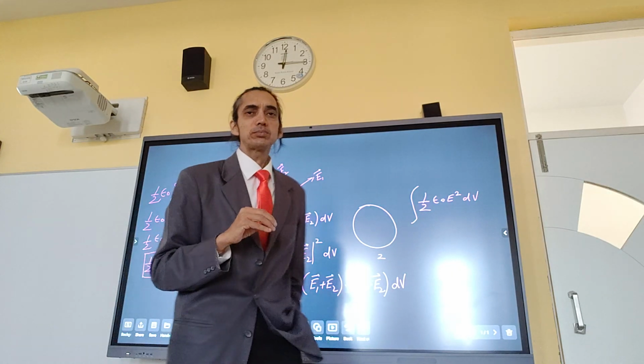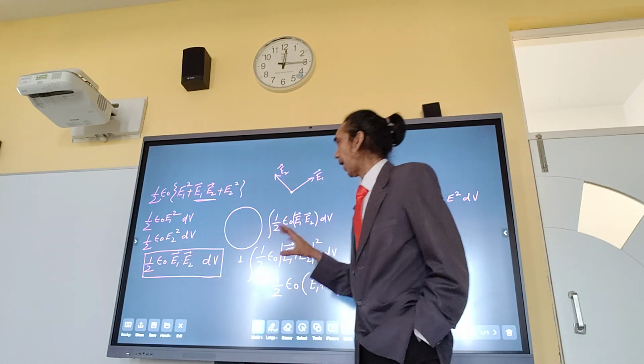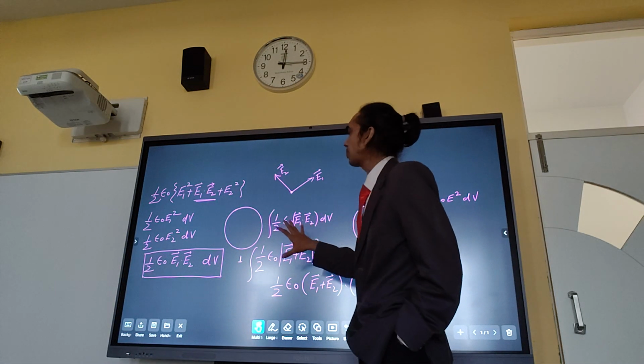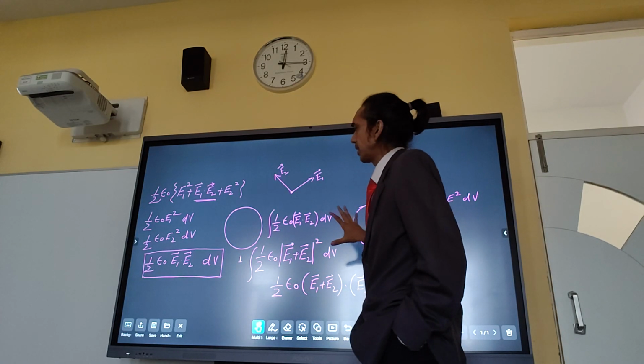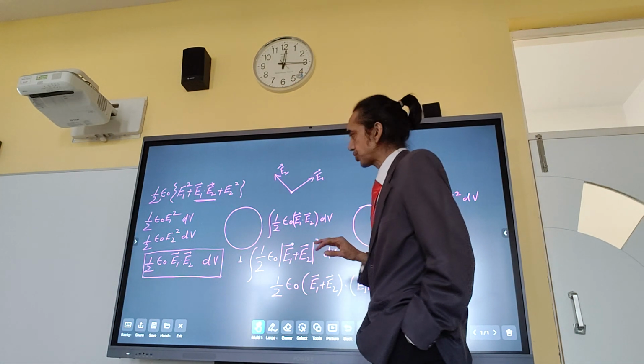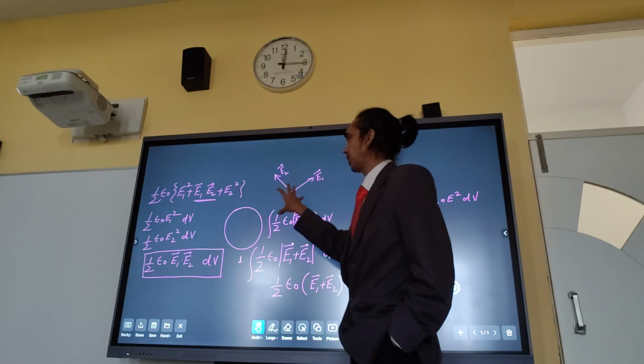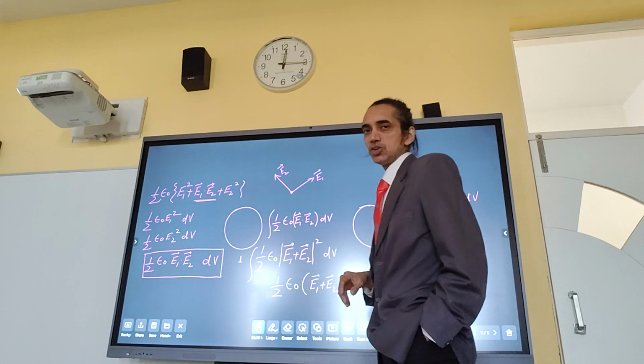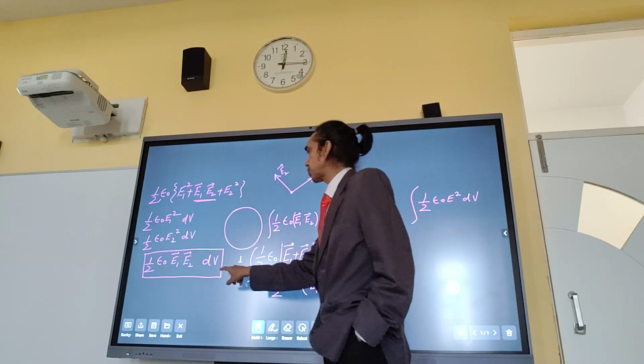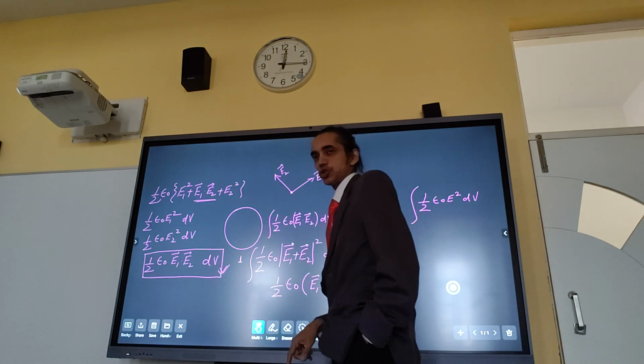They will ask you in more cases than one when spheres are remotely placed, very far from each other. In that case, for one I can get E1 over here, for the other I can get E2 over there, and can go for the integration of the term to get the interaction energy.